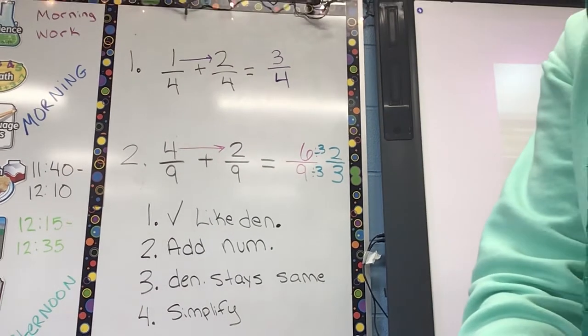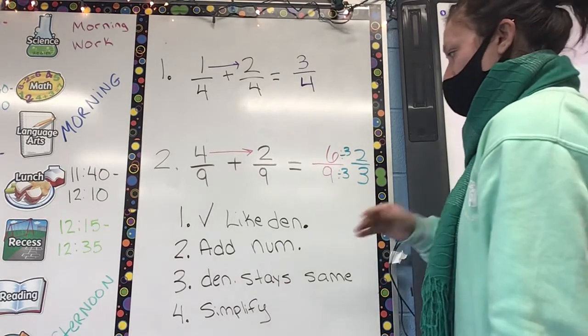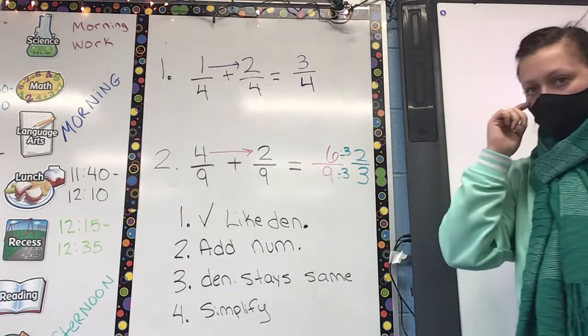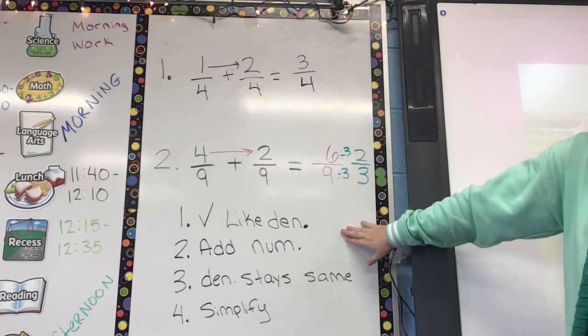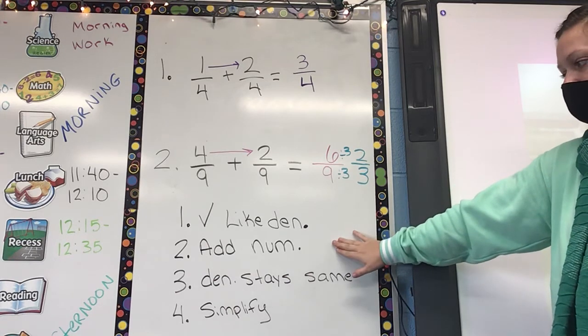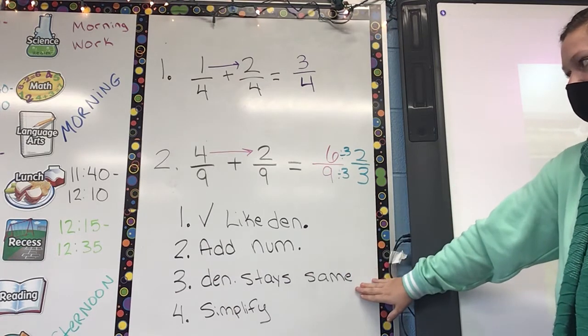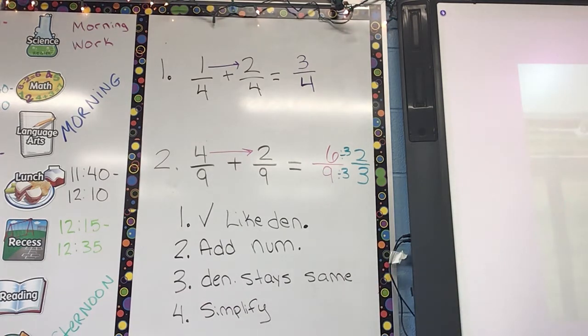There are going to be more steps for tomorrow, but for today, this is what we're working on. We will keep adding and expanding onto it. This needs to be in your math notebook. Check that they're like denominators. Add your numerators. Your denominator stays the same. And then simplify. I'm going to give you a second to finish writing.